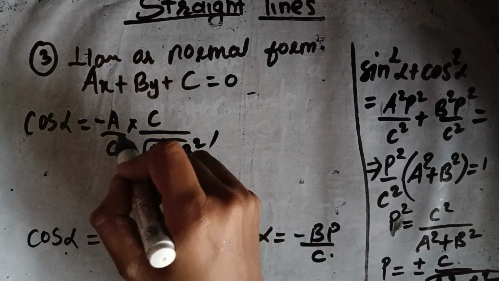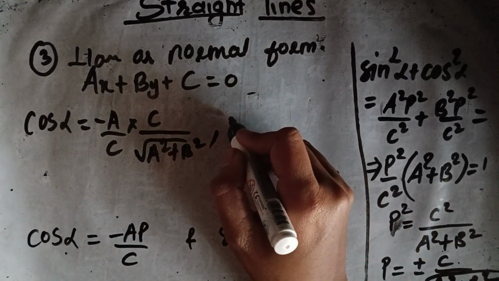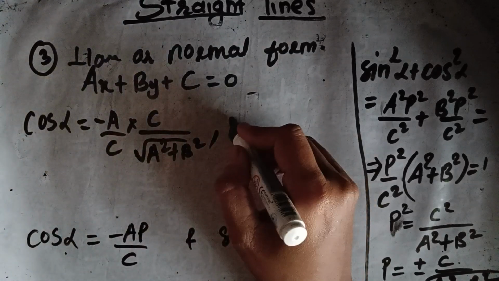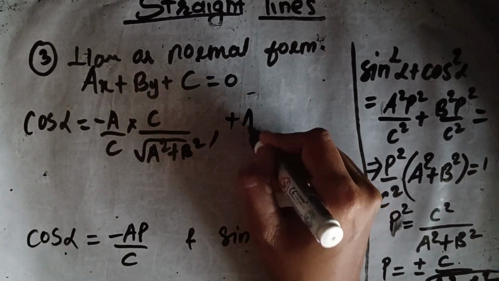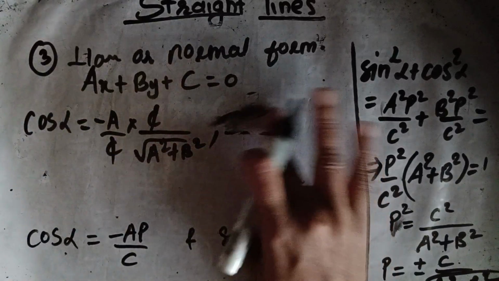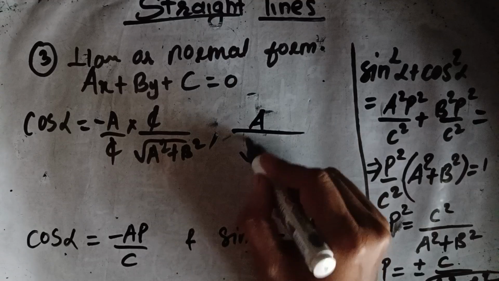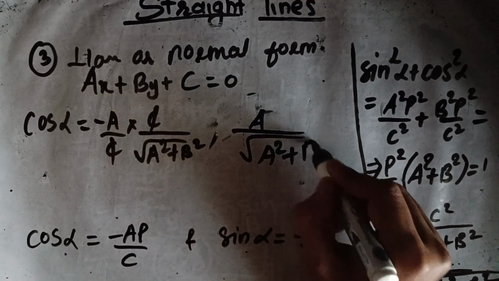There are two values of p. For a positive value this comes, for a negative value this becomes positive. c gets cancelled, so we get a upon root of a square plus b square.